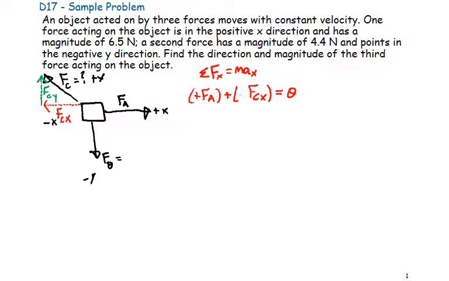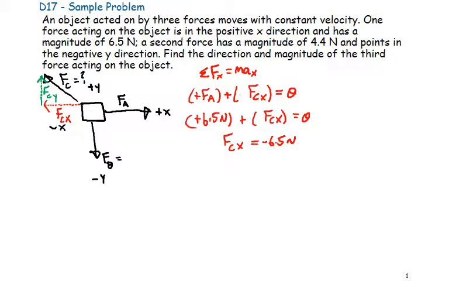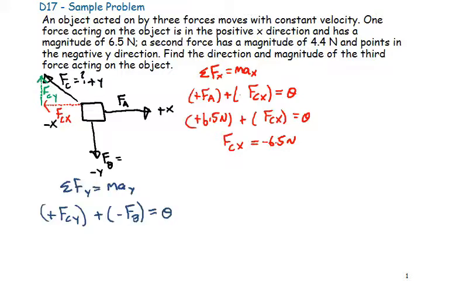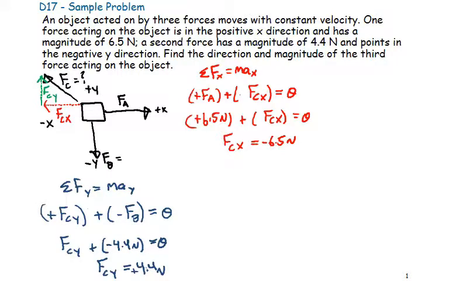So we have the sum of the force in the x equals ma in the x, and so the positive force applied plus the negative FCX, and then we can figure out what that force needs to be. So that would be 6.5 to counteract the force applied to the right. So the net force would be 0. And then for the forces in the y, positive FCY, and then negative force B downwards, and those have to cancel each other out as well.